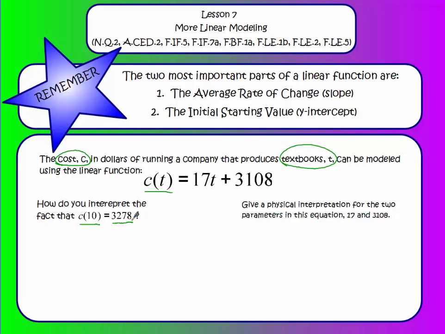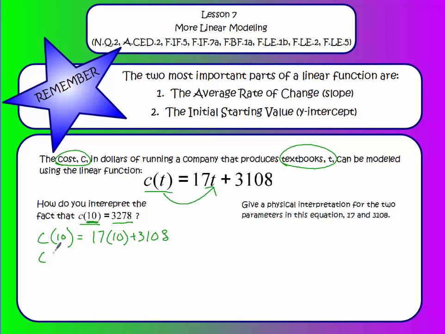What does this mean? Remember, whenever we have the number here, the C of something, that number is what we would have put into the equation where the variable was. So if we want to backtrack a little bit and figure out what C of 10 is, it would have said C of 10 equals 17 times 10 plus 3,108.